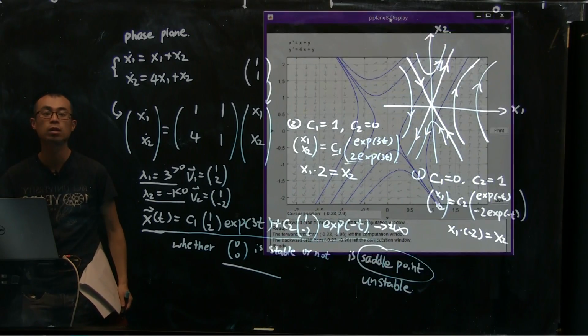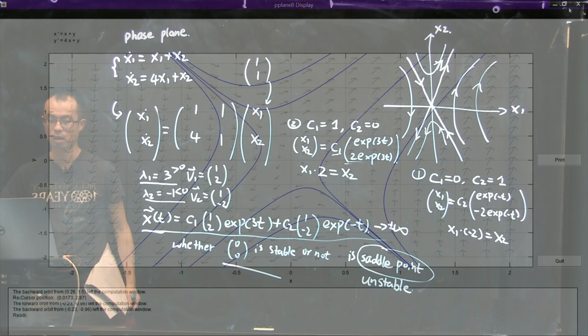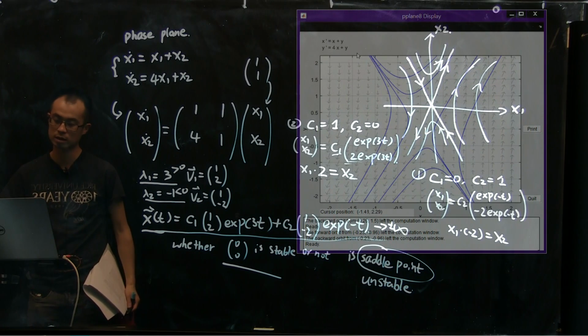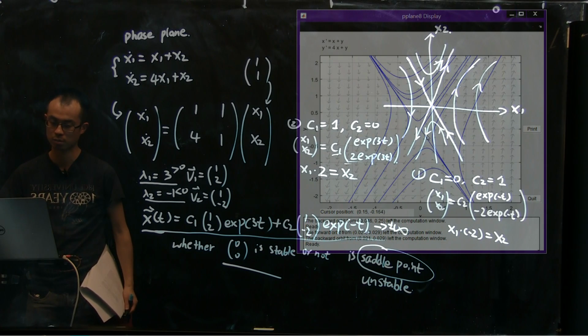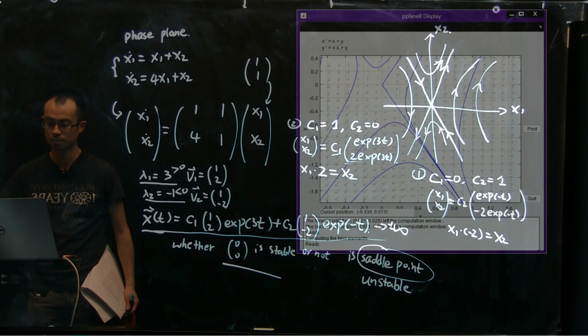Well, this is not very perfect, but let me just shrink it a little bit. And you can see roughly this one solution that passes through 0. It's not very perfect. Let me just make it a little bit better. And you can see the solution is basically very close to these lines. Right?